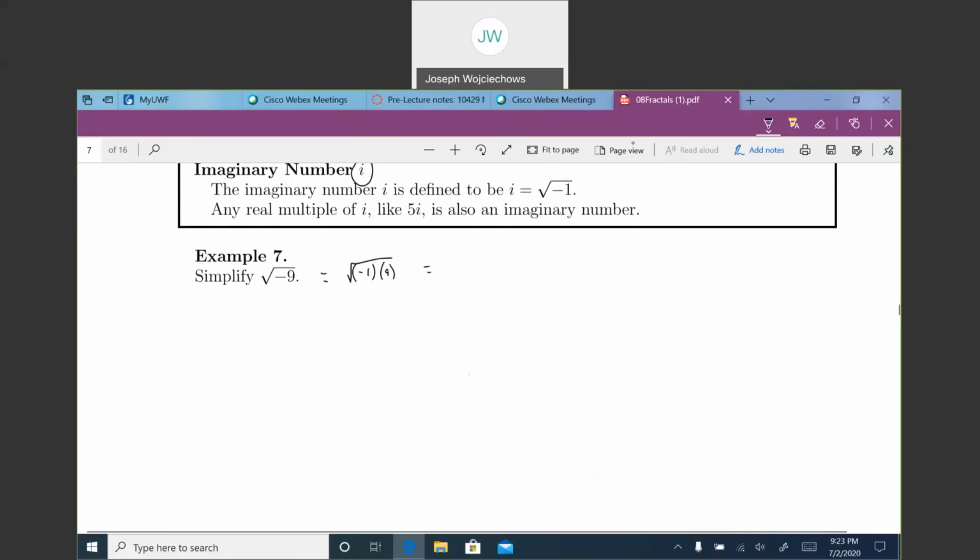So the square root of -1 is i, and the square root of 9 is 3, and we would write this as 3i.